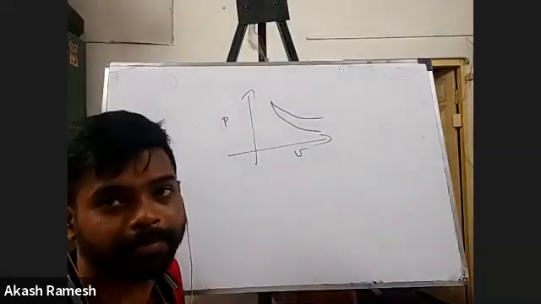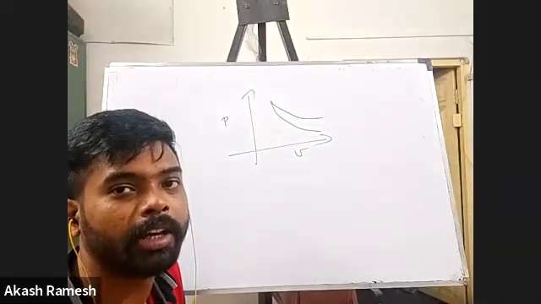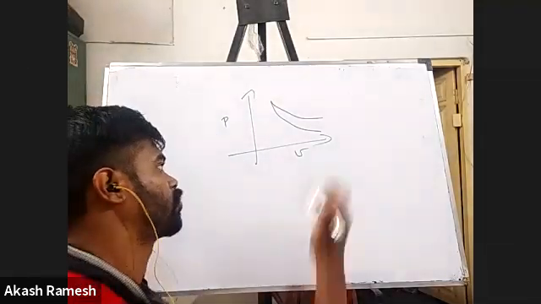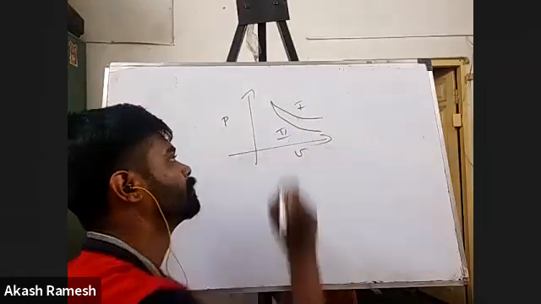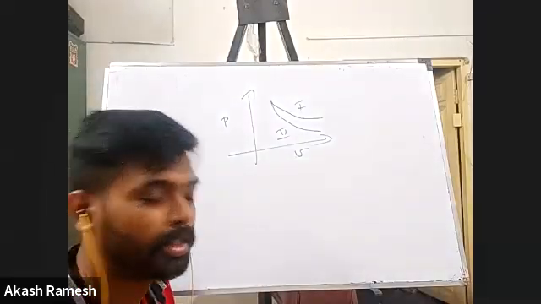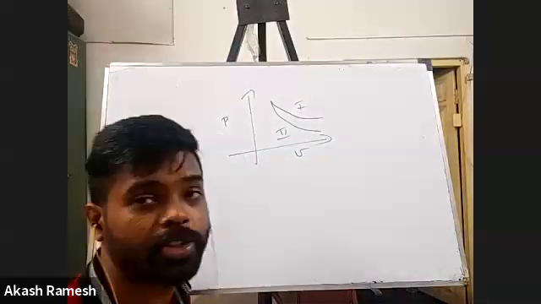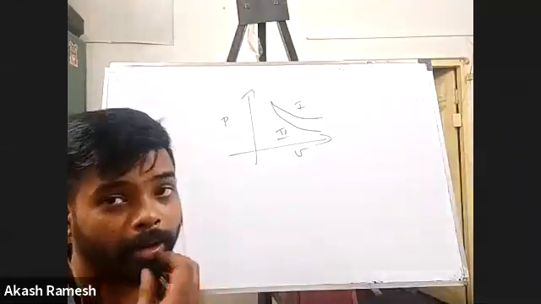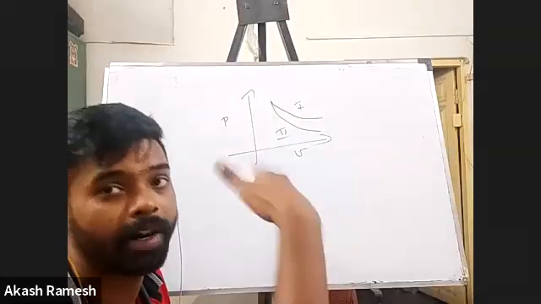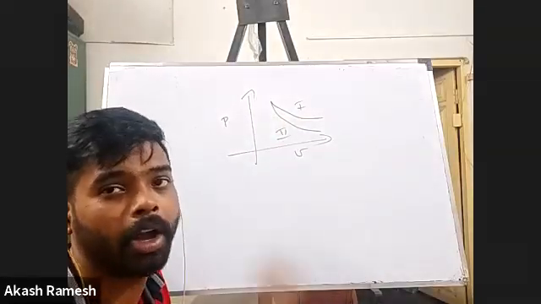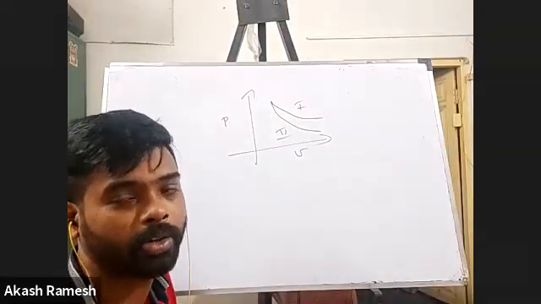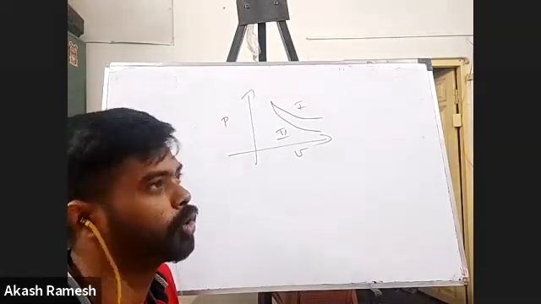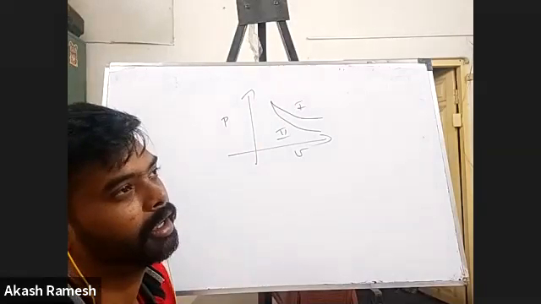If I mark them as 1 and 2, and ask you which graph is for what, is 1 for isothermal or adiabatic, or is 2 for isothermal or adiabatic? That is the question. Now how do you go about it?